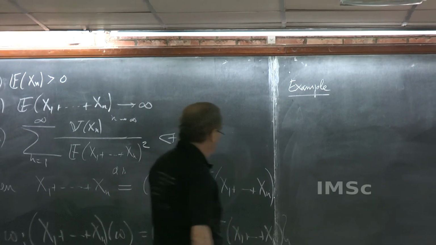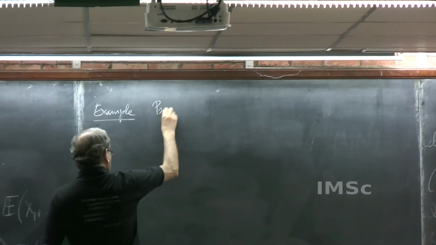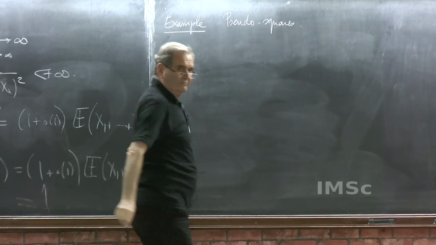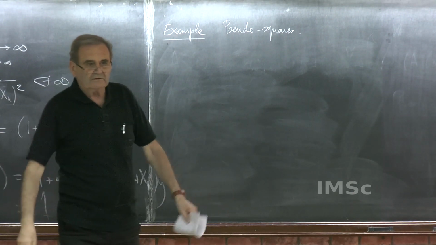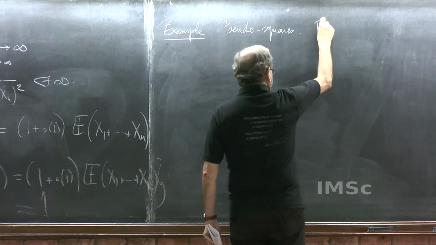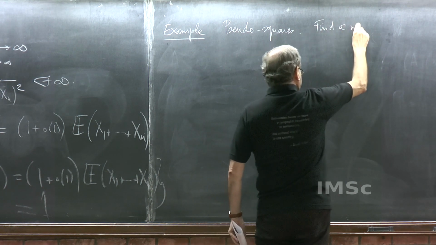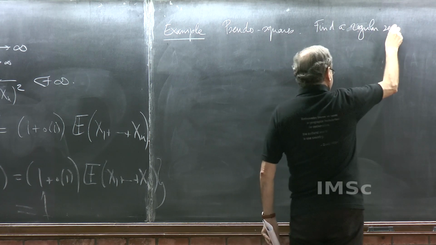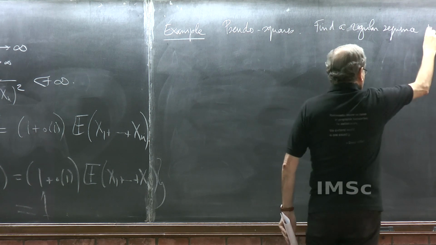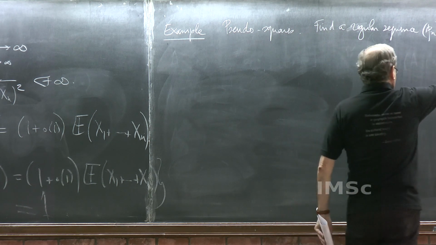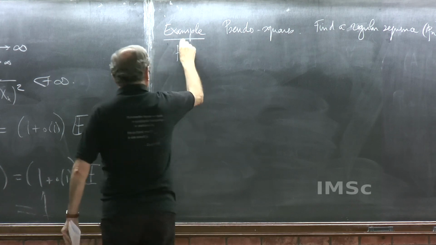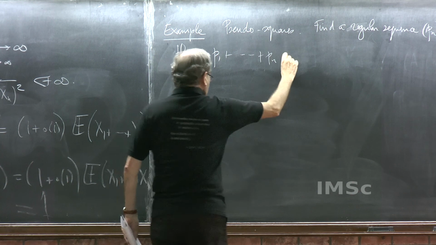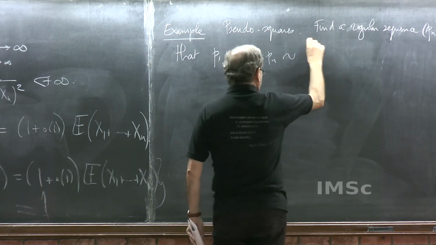So you have to find, let us say, pseudo squares. You want to find a nice, regular sequence Pn such that P1 plus ... plus Pn is essentially something like square root of n.